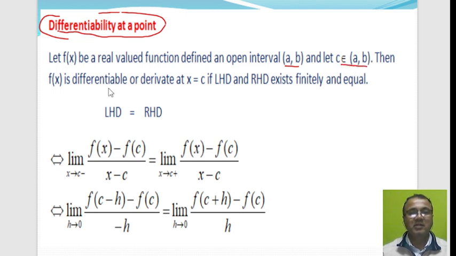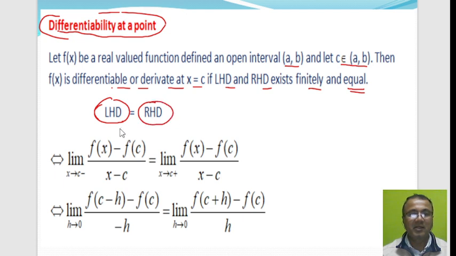Then f(x) is differentiable, or you can say has a derivative, at x equal to c if the left hand limit and right hand limit exist finitely. Both must exist finitely and they must be equal. Then you can say that the function is differentiable at that particular point. So the left hand derivative and right hand derivative must be equal. Since both are equal, we can say that the function is differentiable at that particular point.